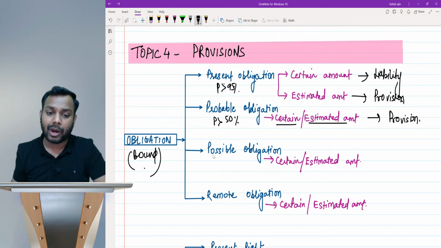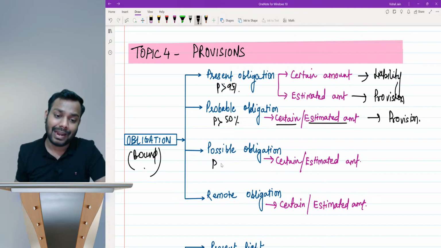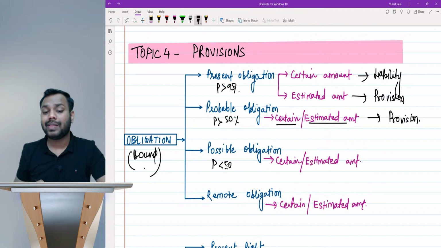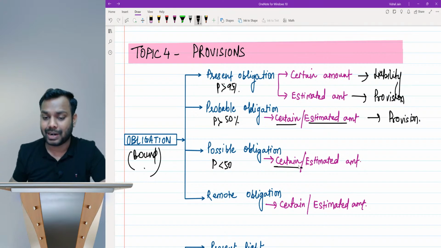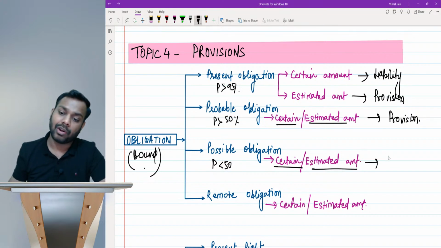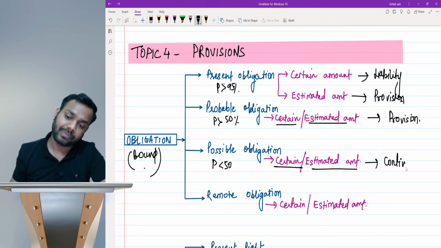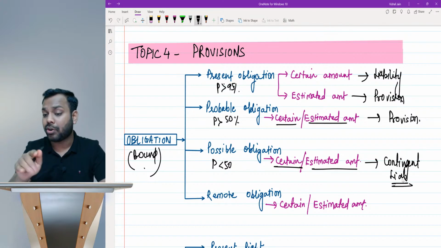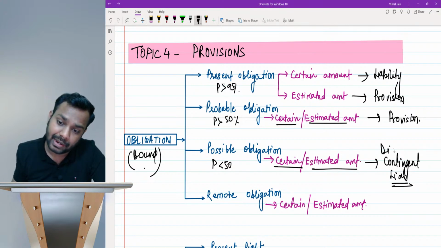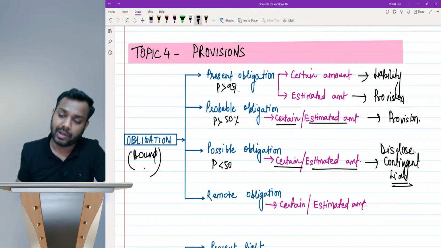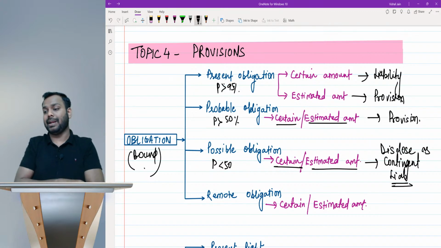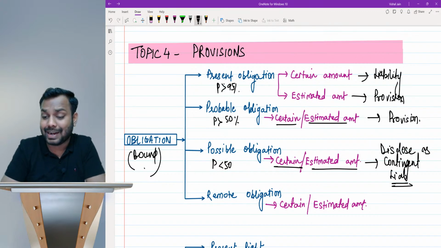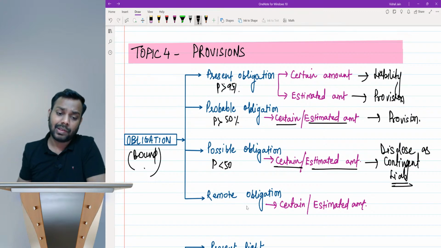But if the probability is less than 50%, then whether the amount is certain or not, we do not record it, we disclose it as a contingent liability. Is that clear, everyone? Remote obligation means probability is less than 5%.